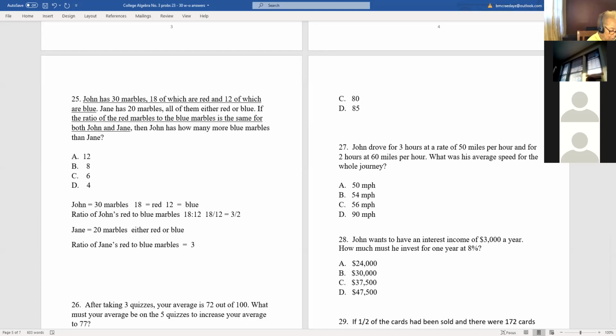So that's 3 colon 2. So what is our next step? What's the next step, Latoya? We're going to multiply. Multiply what?